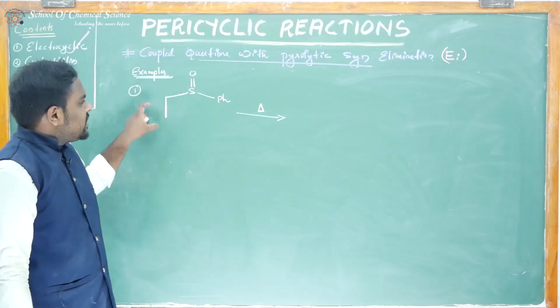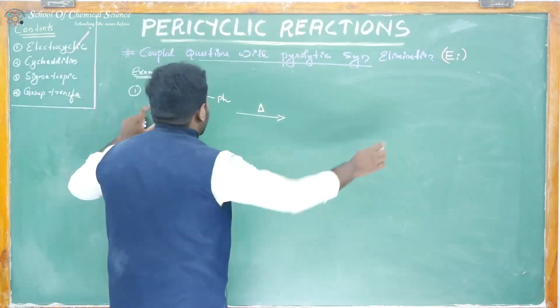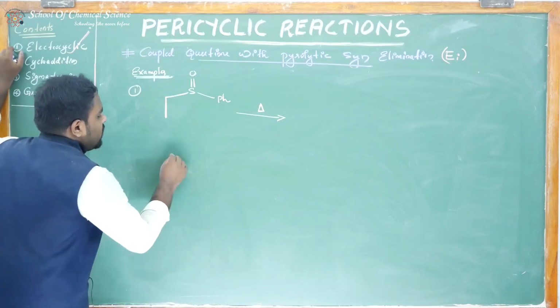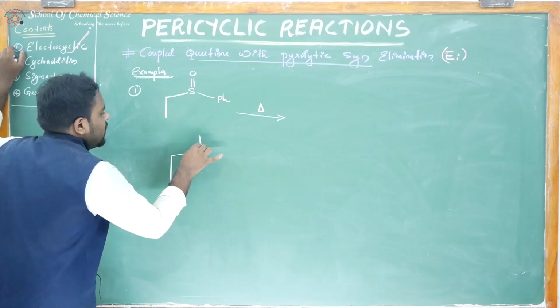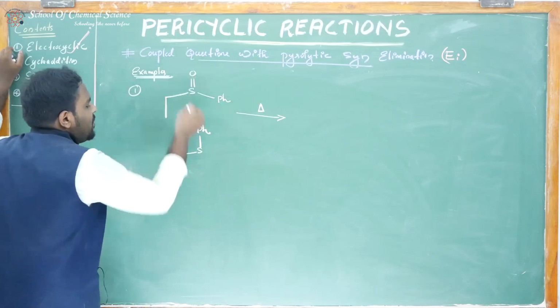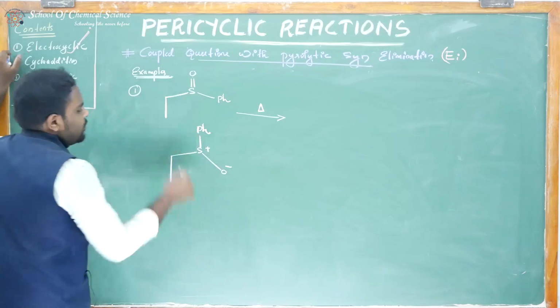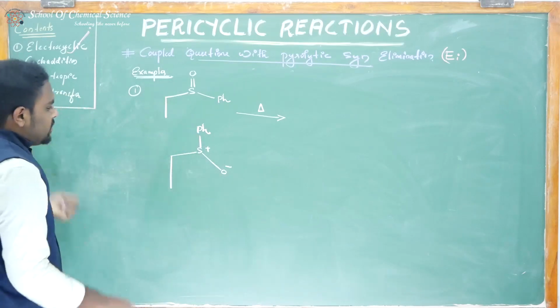Since it is a syn elimination, I can represent this compound in this fashion also. Here sulfur, S double bond O can be written as O minus and S plus.